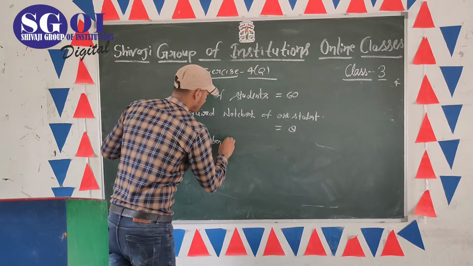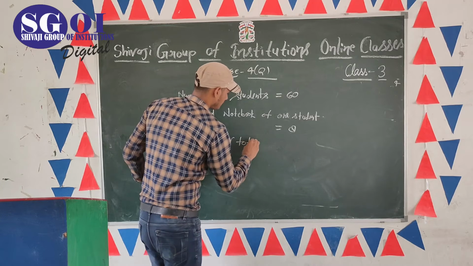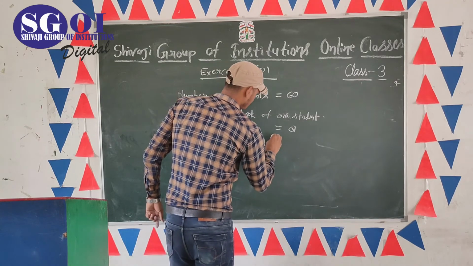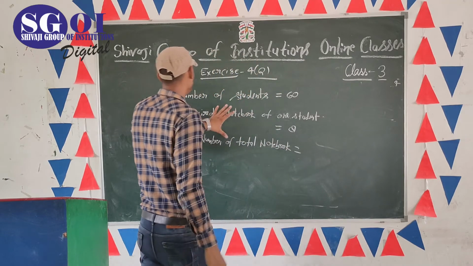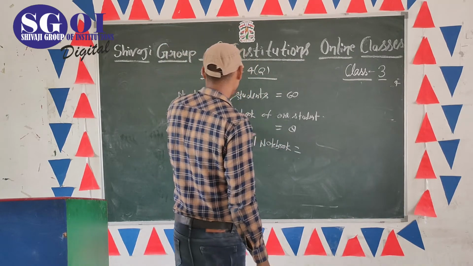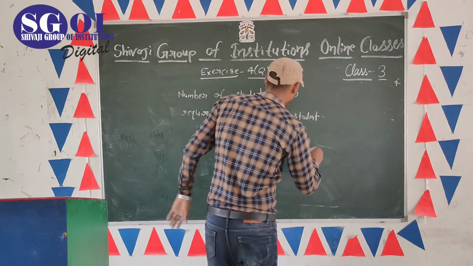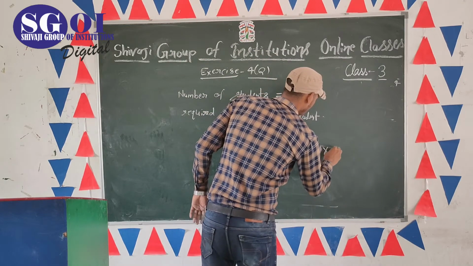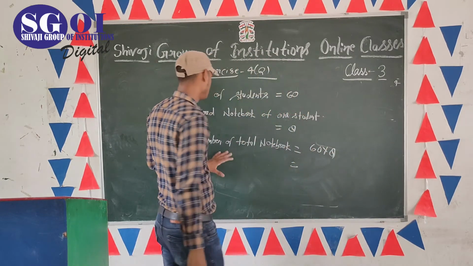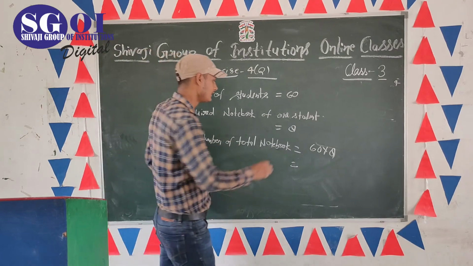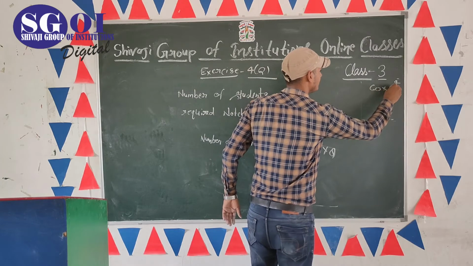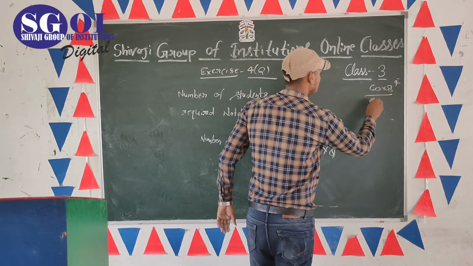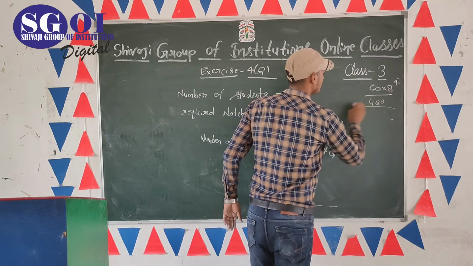Number of total notebooks is equal to number of students multiplied by required notebooks of one student. 60 multiplied by 8. Number of total notebooks is equal to 60 multiplied by 8. 8 6s are 48 and 0.